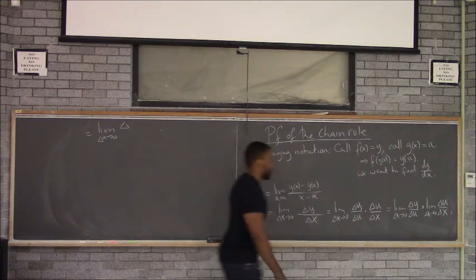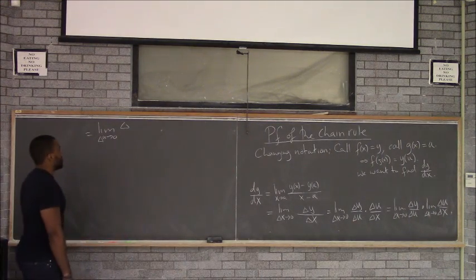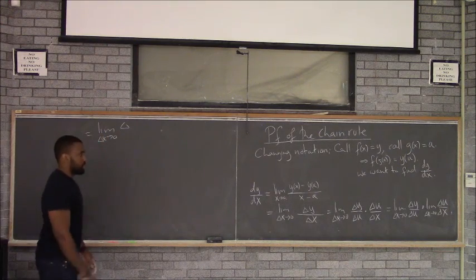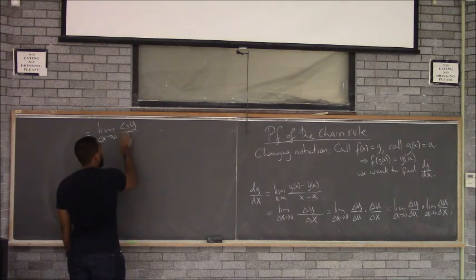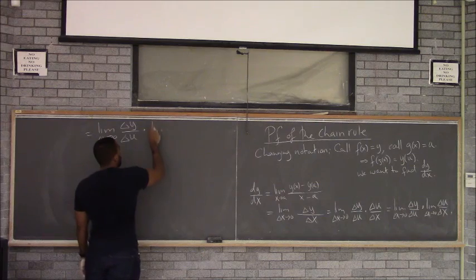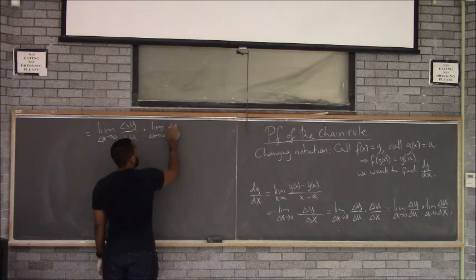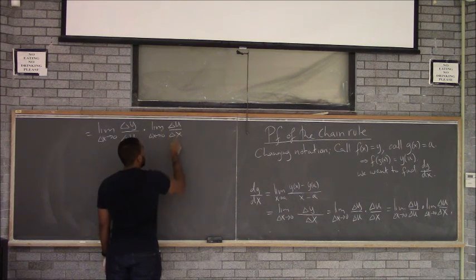So you get me trying to rush through the chain rule. Chain rule should not be rushed. Okay, so that's delta x. Delta y over delta u times the limit as delta x goes to 0 of delta u over delta x.